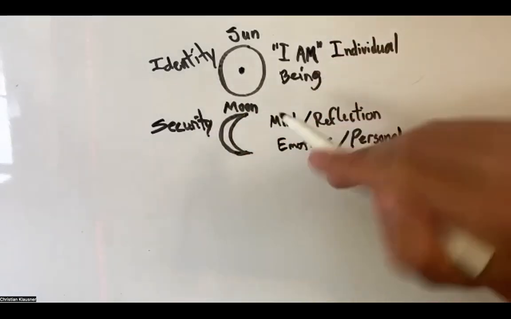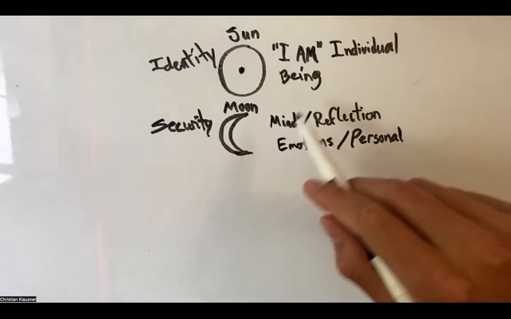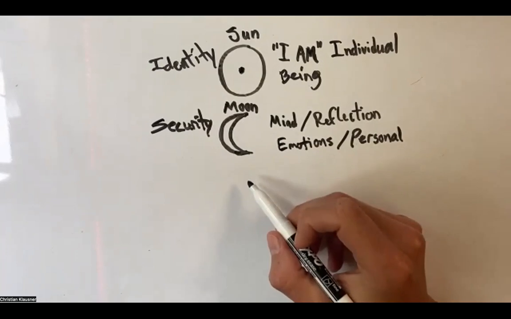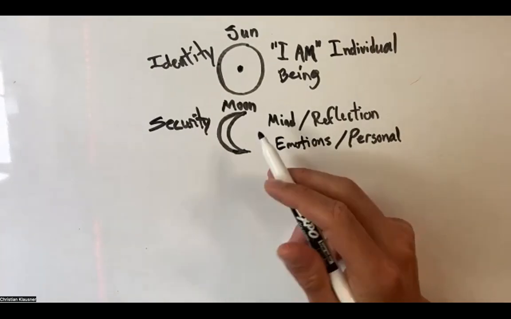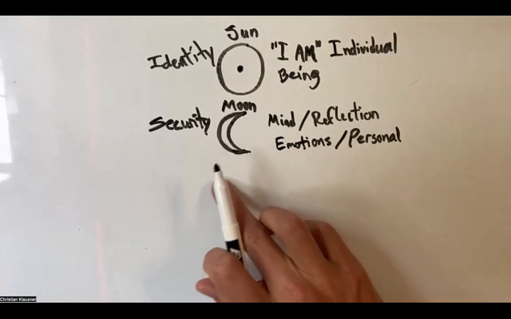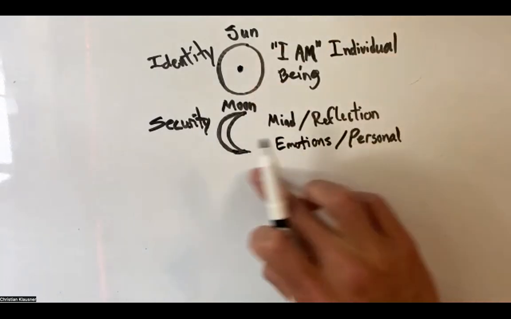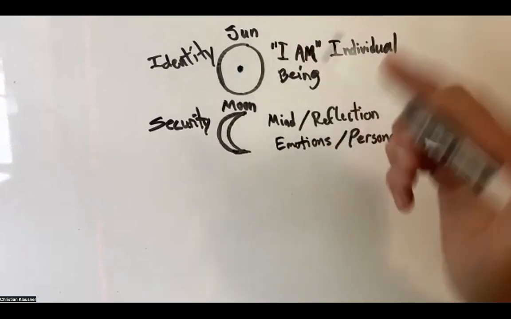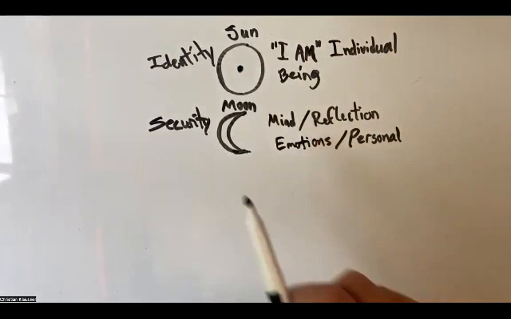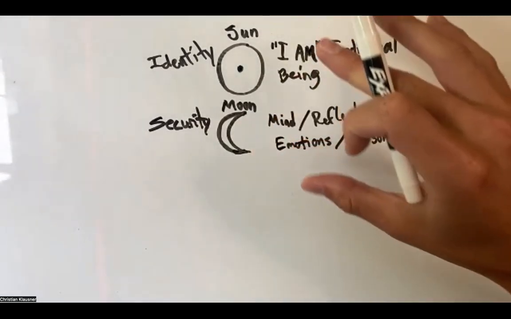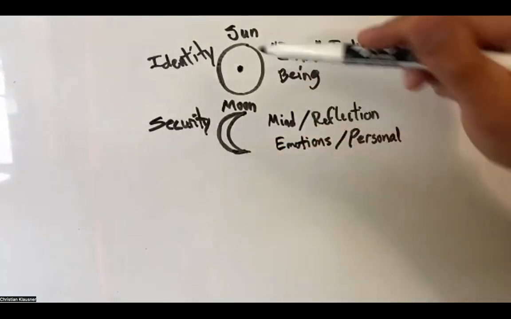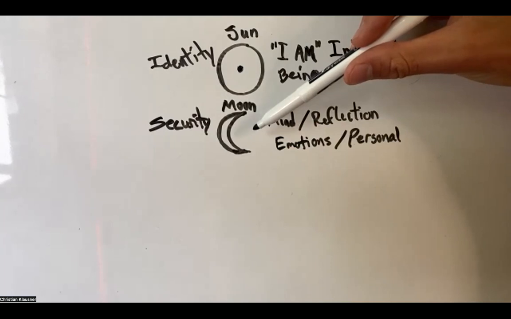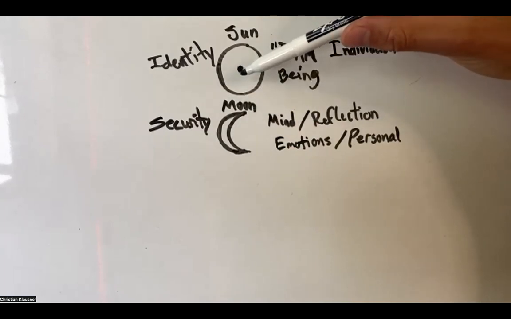Again, one is not right, one's not wrong. It's just this is how consciousness plays upon the physical world, right? So again, the moon reflects the light of the sun. The mind reflects the light of consciousness. And becoming free in this world, overcoming our karma, has to do with being able to see, to embody the awareness behind your impulsive thoughts, and to be able to take a breath.